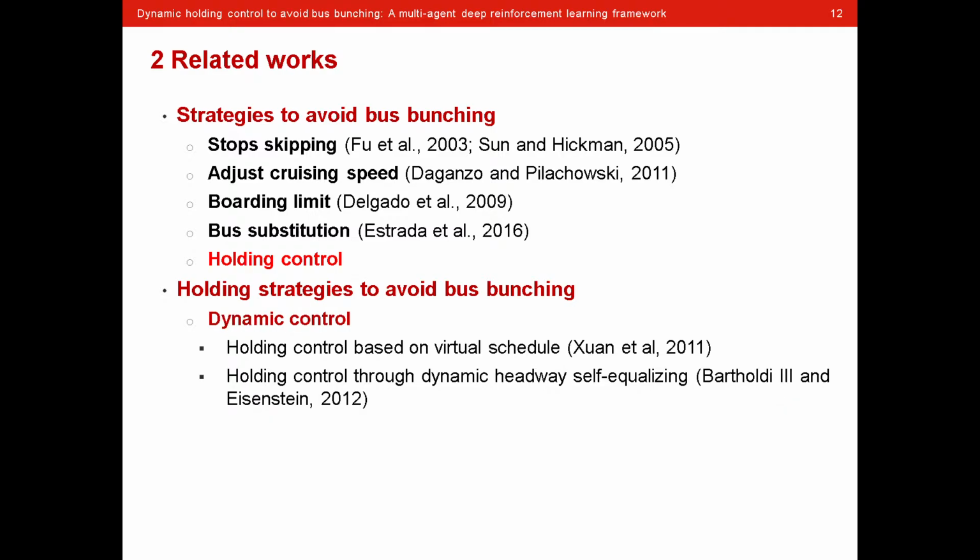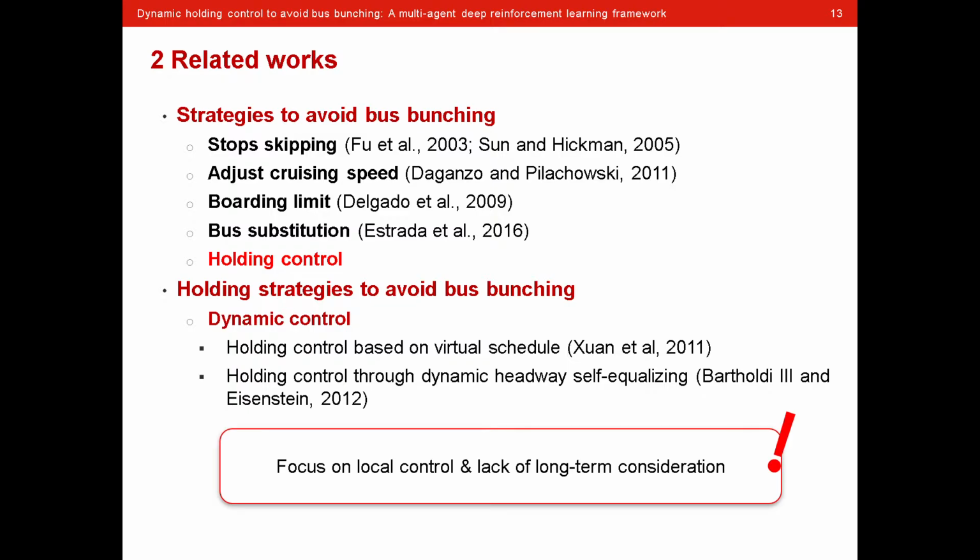And the second one is the dynamic control. The dynamic control successfully solves the problem in static control. Usually the holding control can be based on a virtual schedule, or it can be implemented through dynamic headway self-equalization. But it also has some drawbacks. These methods only focus on local control and tend to lack long-term consideration.